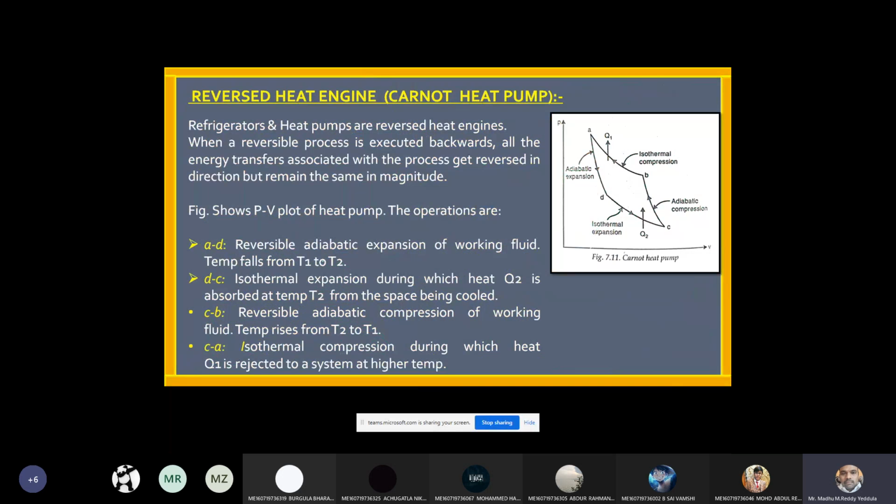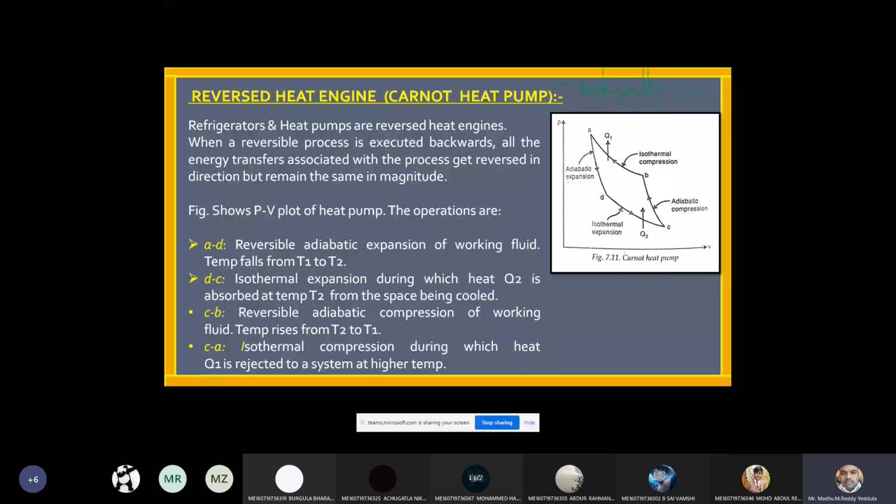Next, exactly the reverse of this is the Carnot heat pump. Even I can call it a refrigerator also. A refrigerator also works on the reverse Carnot engine. Now, earlier the process started at A and went A to B, B to C, C to D, D to A in the case of the heat engine, but here all the processes are reversed. It goes from A to D, D to C, C to B, and B to A. Only the process is reversed, the remaining is all the same.